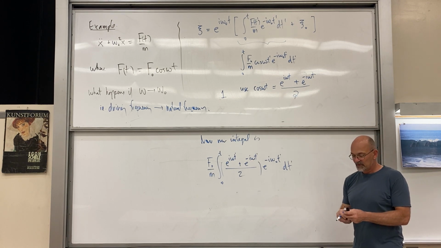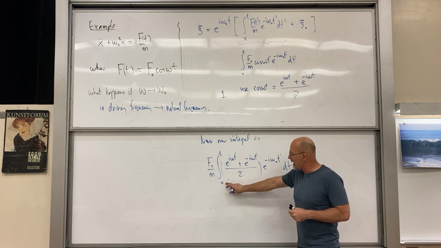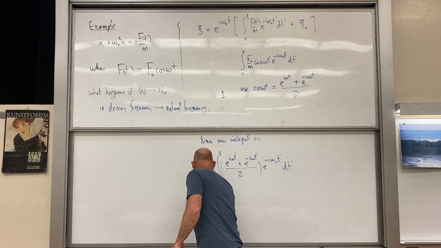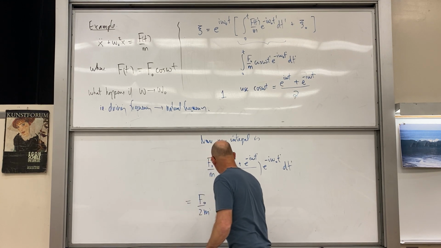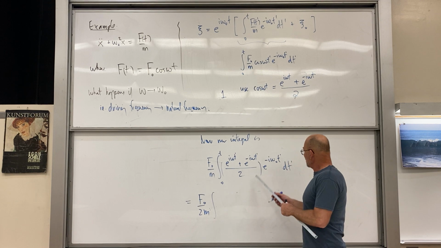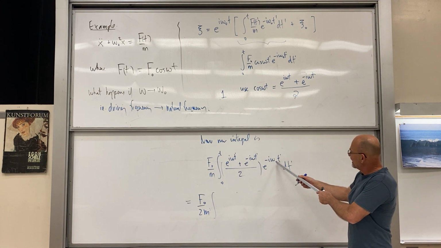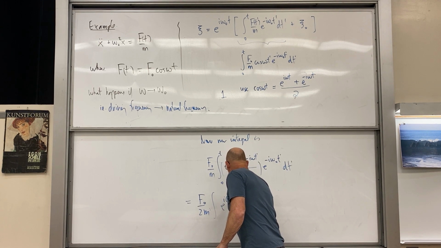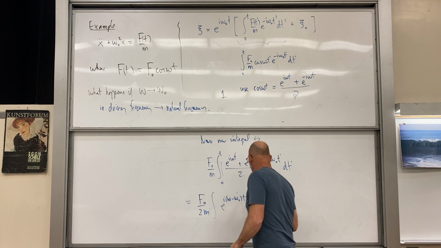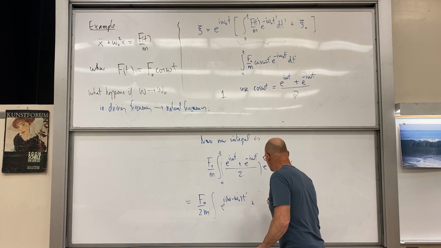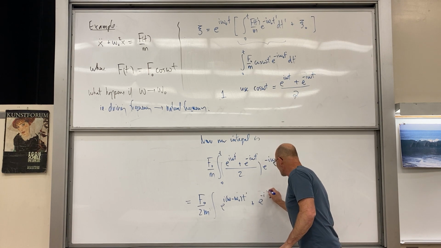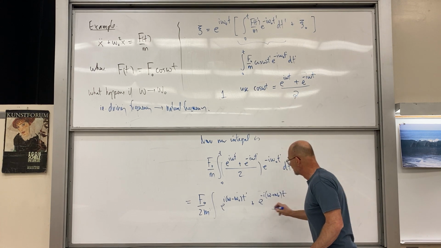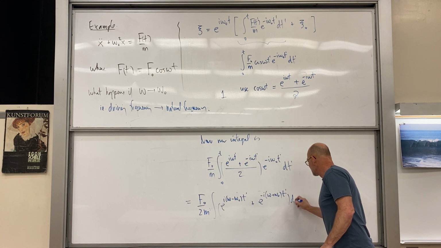So yeah, we have to pay attention to the boundaries as well. So this integral won't be bad because f naught over 2m, and we have e to the I omega t minus I omega naught t, so e to the I omega minus omega naught t, and then we have e to the minus I omega plus omega naught t prime dt prime.